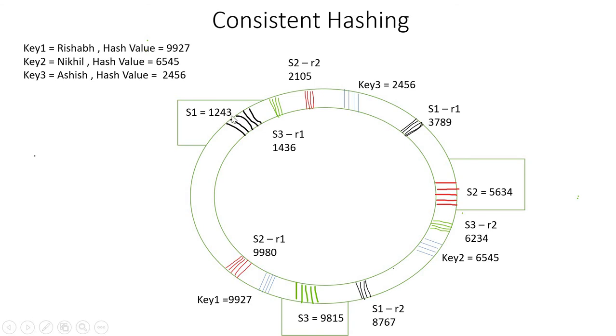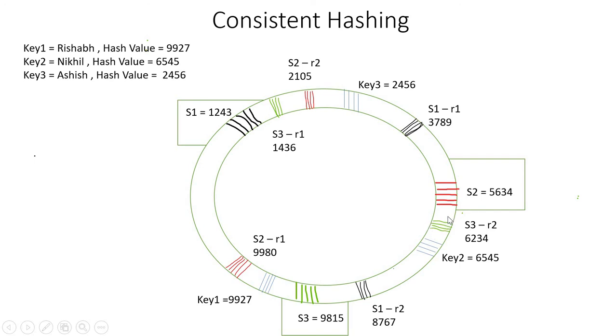It was present on 1234 location. Now we'll have a replica which is present on 3789 location, and we have another replica which is present at 8767 location. Similarly for server 2, original location is this. There is one replica location and there is second replica location. Similarly for server 3, the original location is this. There is one replica location here and another replica location here.